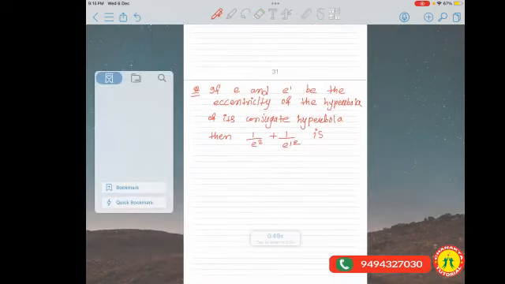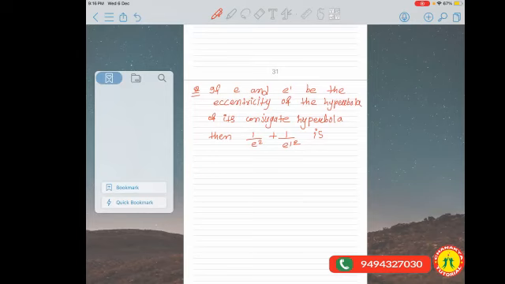If e and e dash be the eccentricity of the hyperbola and of its conjugate hyperbola, then... आपको गिवन है कि e है जो इसेंट्रिसिटी है हाइपरबोला का एंड कॉन्जुगेट हाइपरबोला का इसेंट्रिसिटी e डैश है.